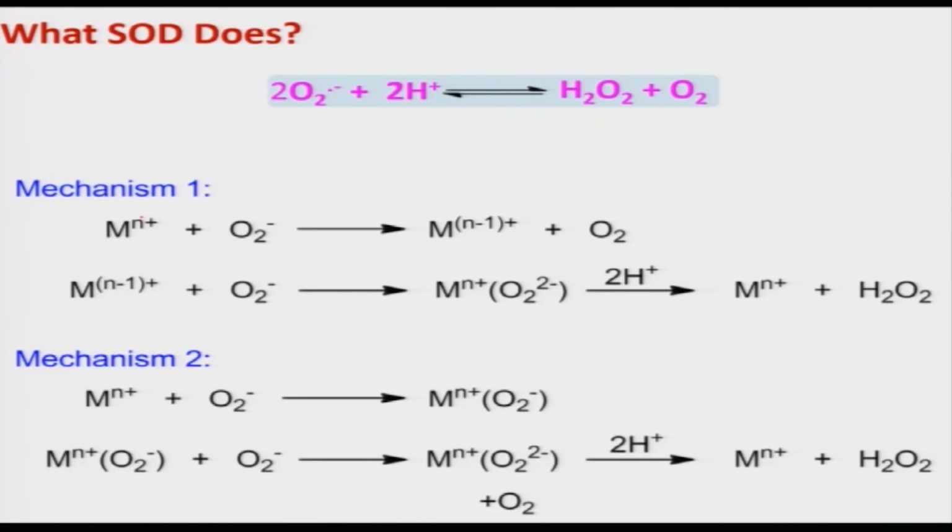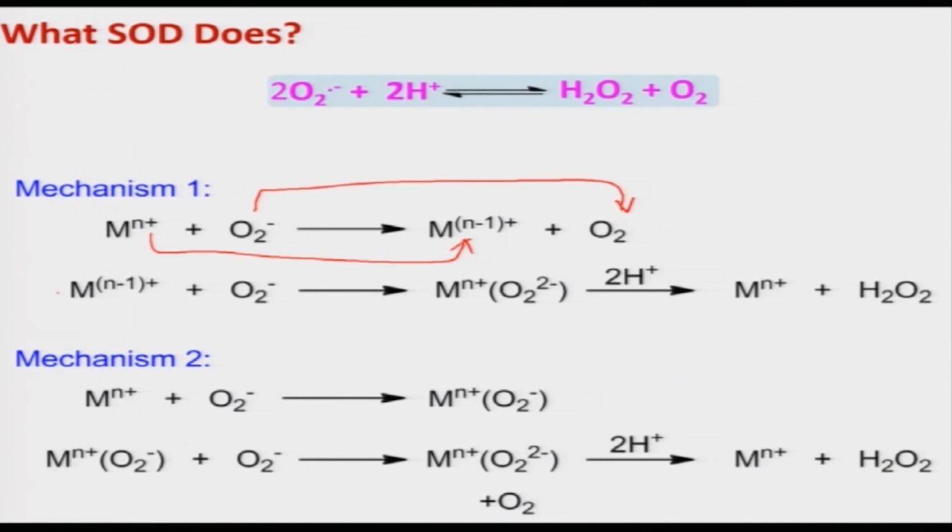For example, in the first reaction, the metal gets reduced, whereas superoxide gets oxidized to dioxygen.